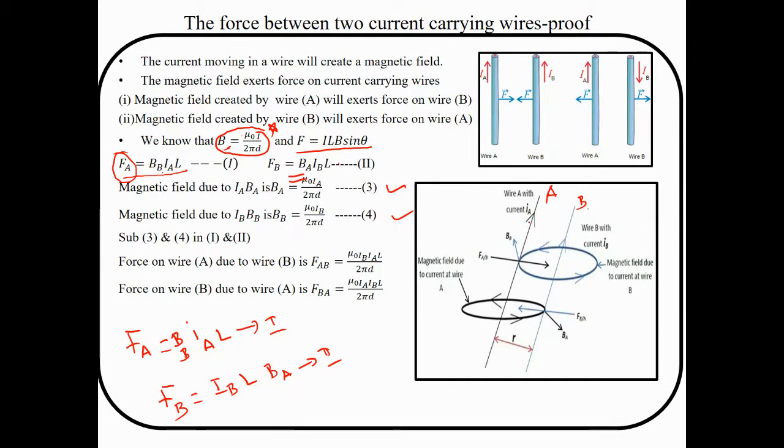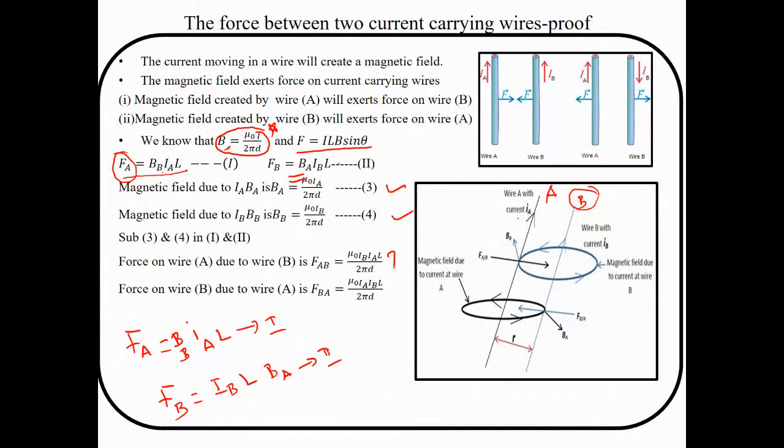I have two wires, A and B, and my A wire magnetic field is black color. My B wire magnetic field is blue color. You can see this blue color touches the first wire, and this black color touches the second wire. That means the magnetic field of the second wire will affect the first wire. Likewise, the magnetic field of the first wire will affect the second wire. That's what gives us this relation.